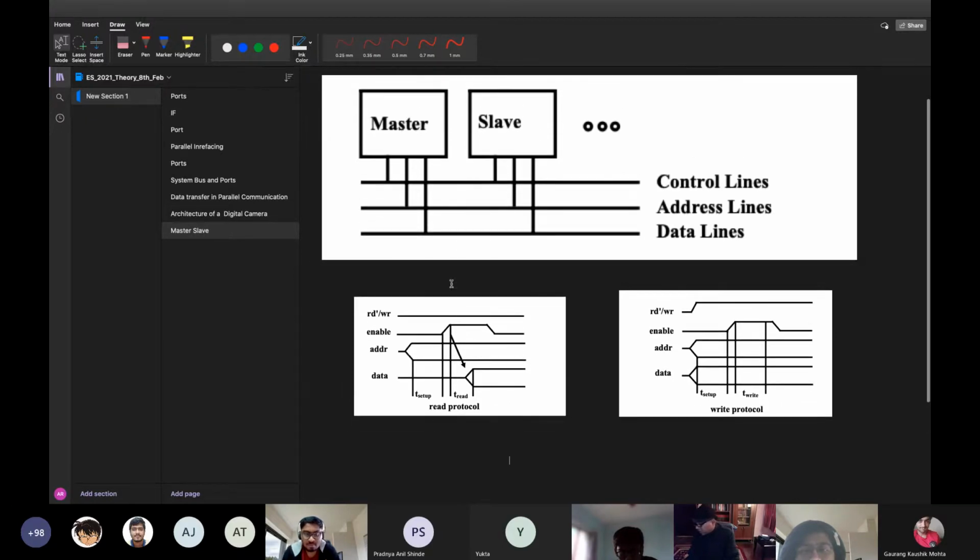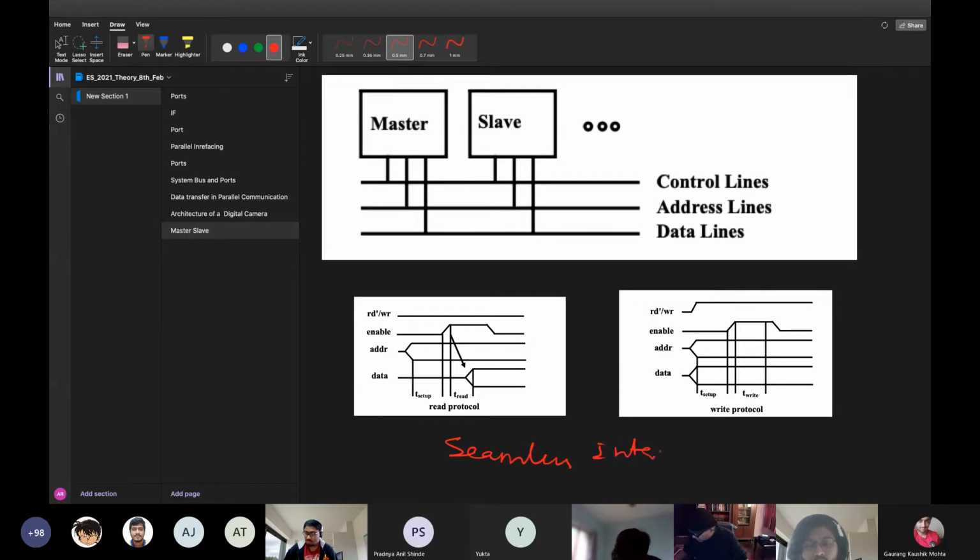Sometimes it is known as a seamless interface. Let me write it down: seamless interface. Not many things involved, nothing in between. The master and slave communicate very fast, like processor and memory. Memory is a fast device.